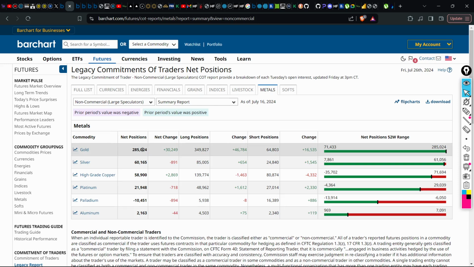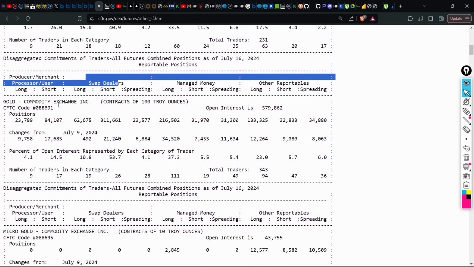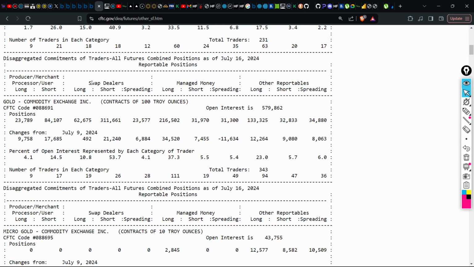All right. And like we have seen from the disaggregated report, which is where the open interest is listed, you can see here money is with the swap dealers and the short guys, percent of open interest represented.